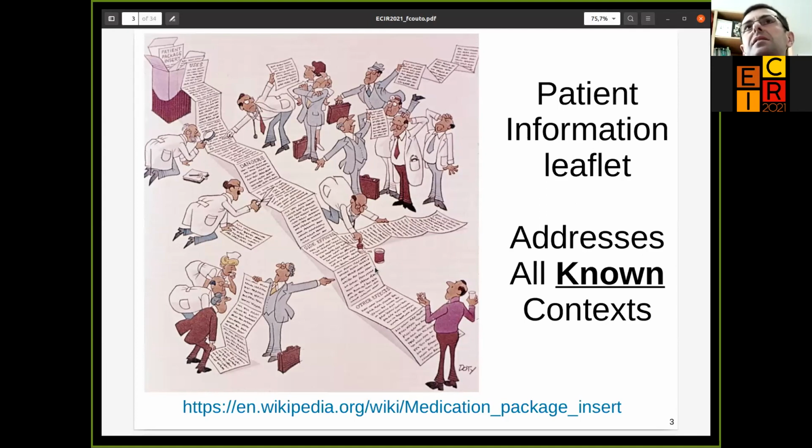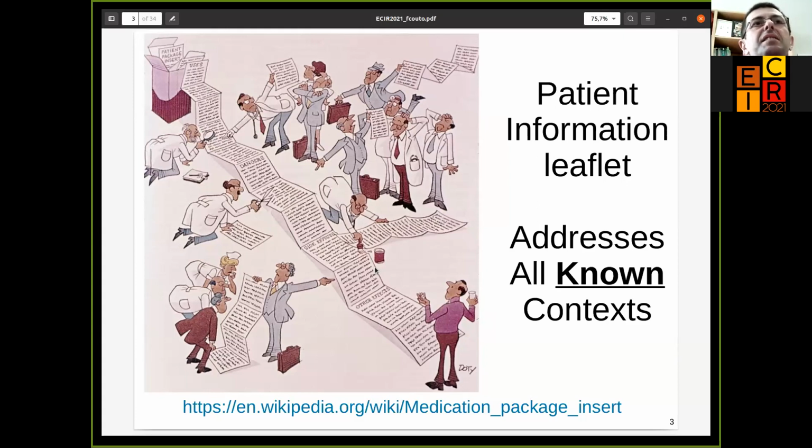And this is text. This is not data. Why? Because text in the biomedical sense has to cover all the known contexts about a specific drug. This is a biomedical text that everyone has already read, because everyone took a drug to treat some kind of disease.